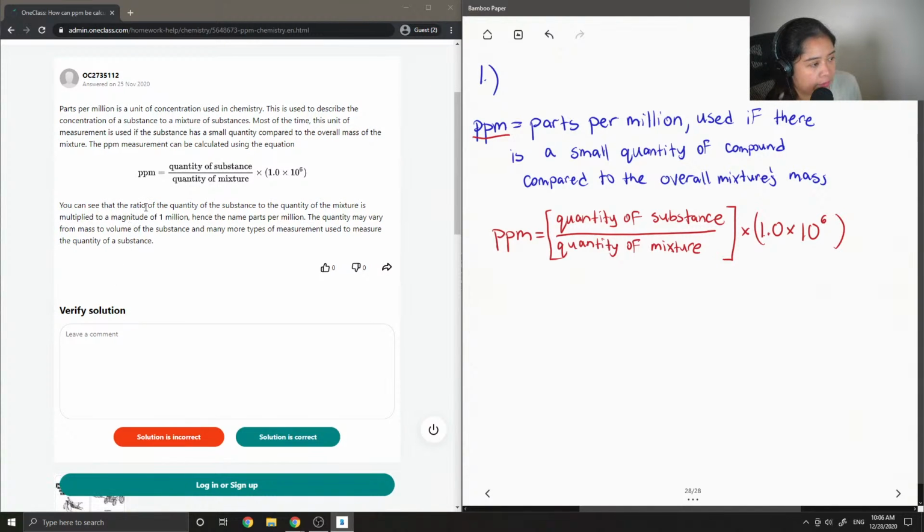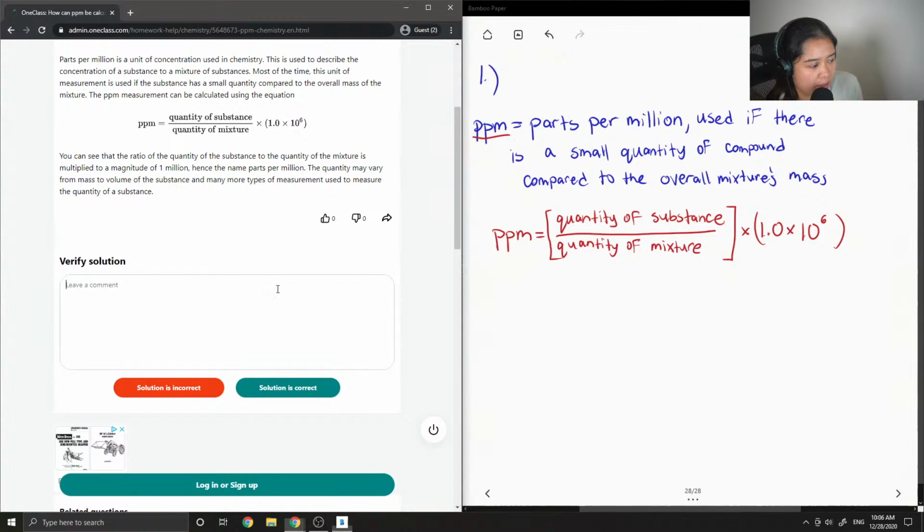You can see that the ratio of the quantity of the substance to the quantity of the mixture is multiplied by a magnitude of 1,000,000, hence the name parts per million. The quantity may vary from mass to volume of the substance, and many more types of measurement used to measure the quantity of a substance.